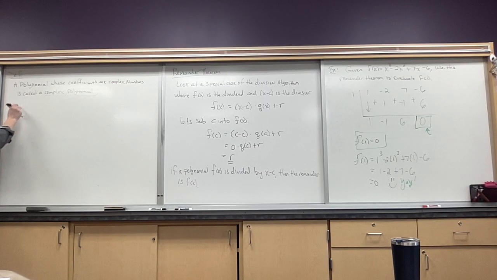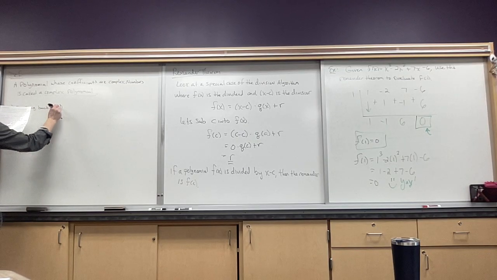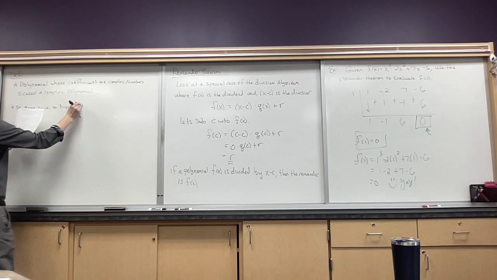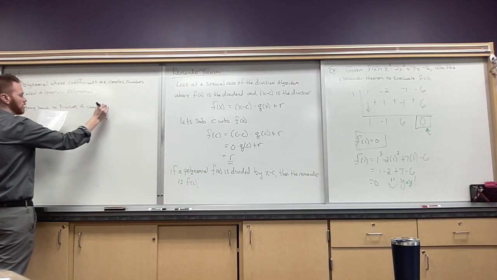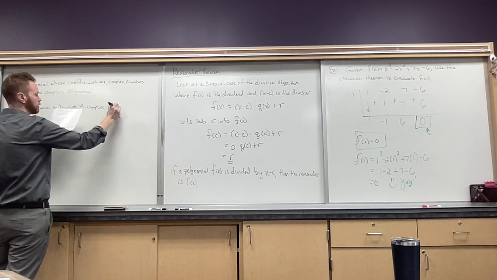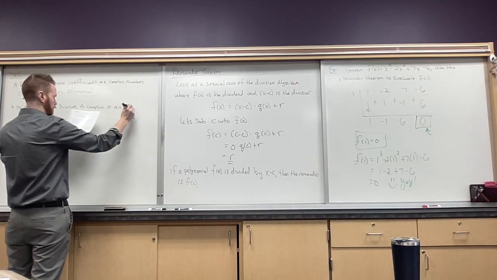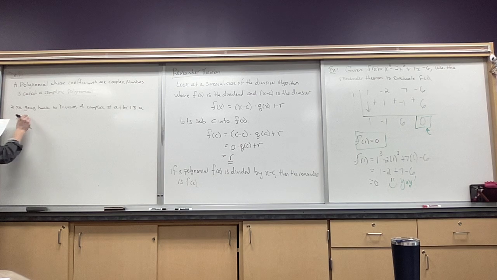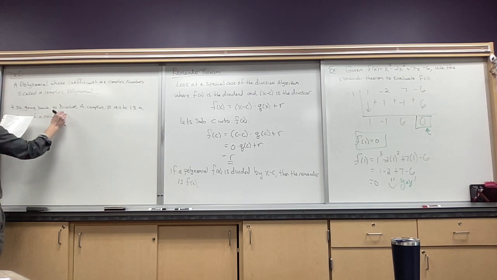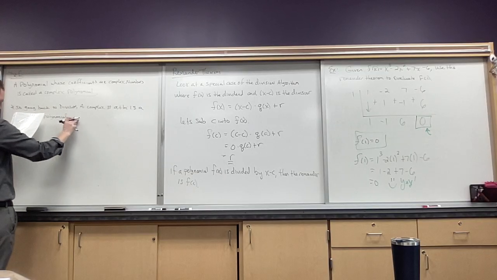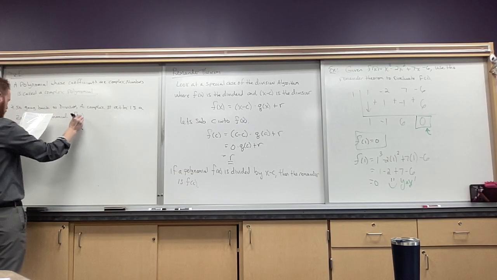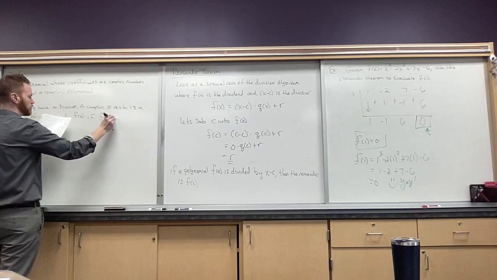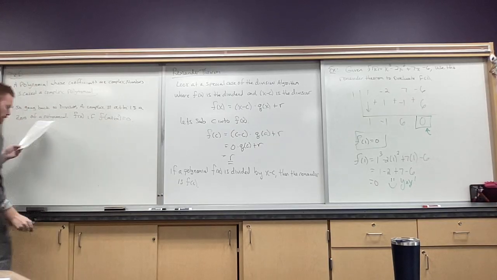So just real quick, going back to division, a complex number, which we'll say is a plus bi, is a 0 of a polynomial f of x if f of a plus bi equals 0.